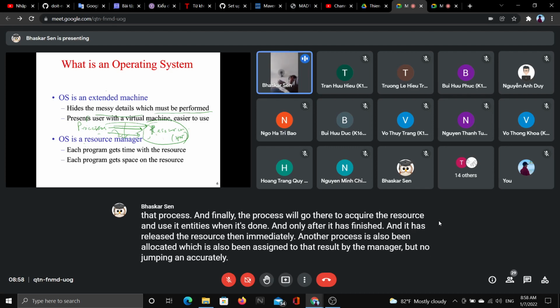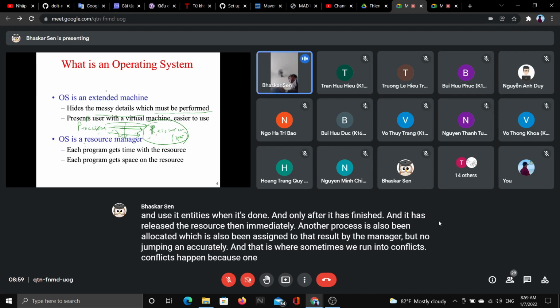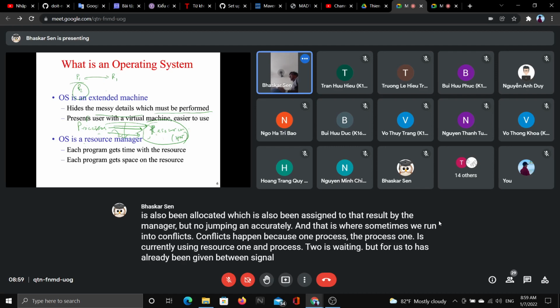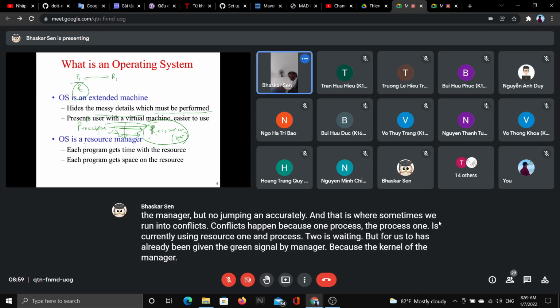And that is where sometimes we run into conflicts. Conflicts happen because process one is currently using resource one, and process two is waiting. But process two has already been given the green signal by the manager, because the kernel or the manager just assigns something.